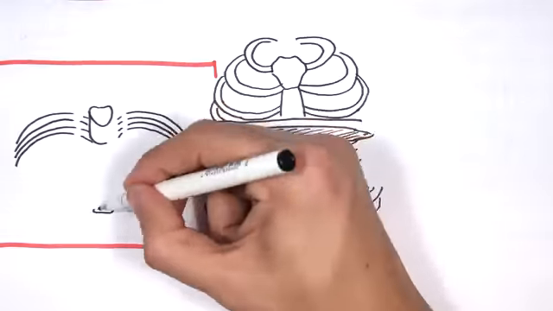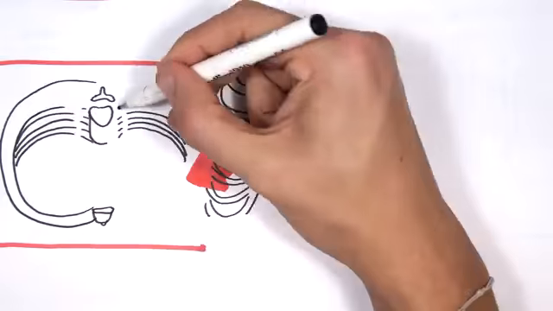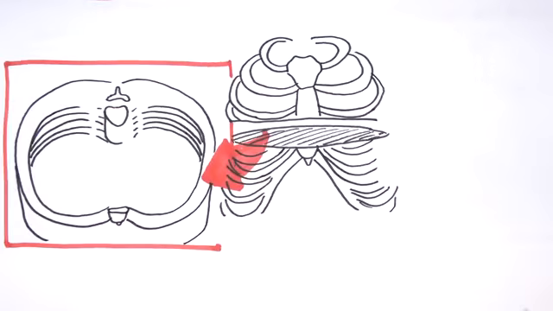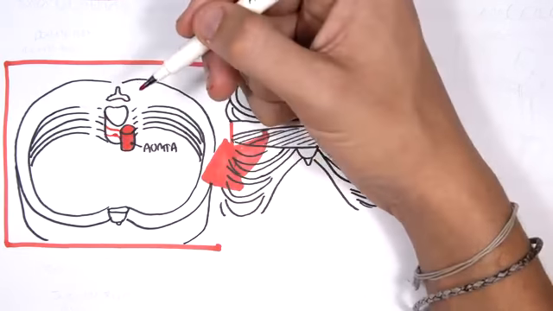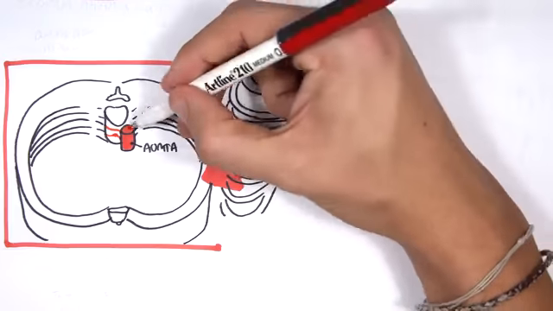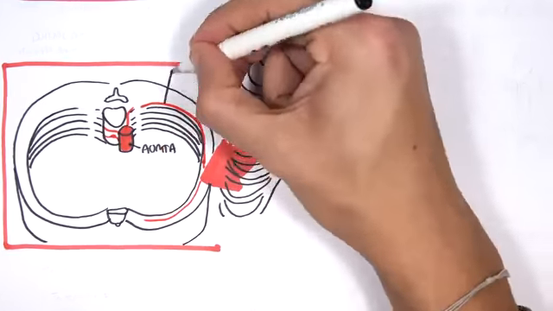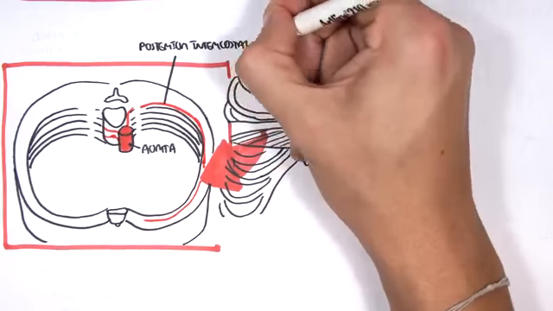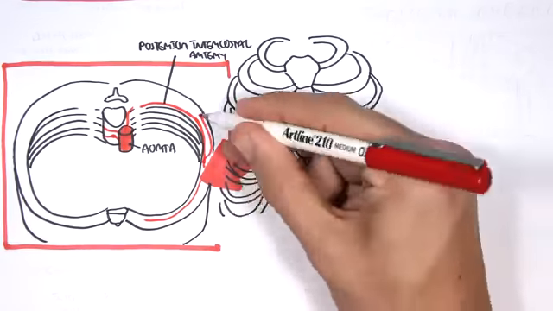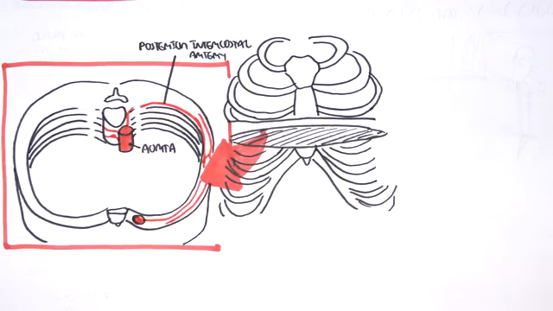Here we're looking superiorly on the slice we just cut, and we can find the thoracic aorta, which gives off arteries to supply the thoracic region, essentially the ribs. This particular artery coming off is the posterior intercostal artery. So the posterior intercostal artery comes off the thoracic aorta.